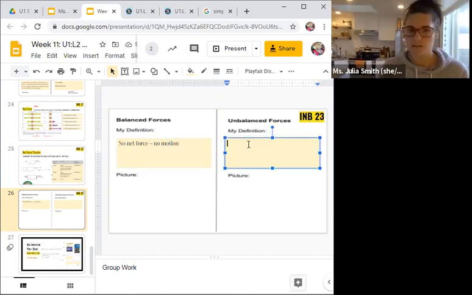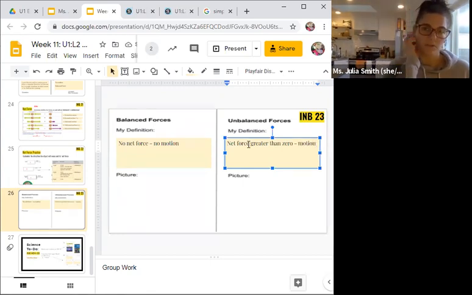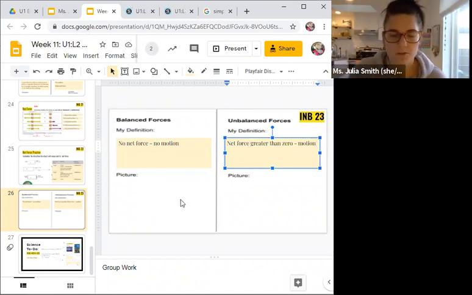We have unbalanced forces when you have a net force greater than 0, resulting in motion. And so you can come up with some different examples for balanced and unbalanced to help deepen your understanding of those terms.